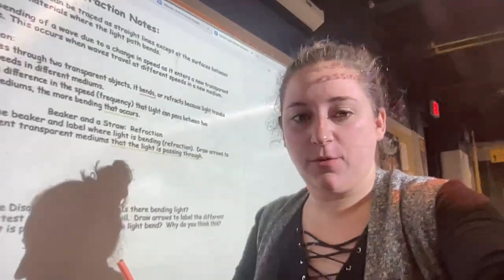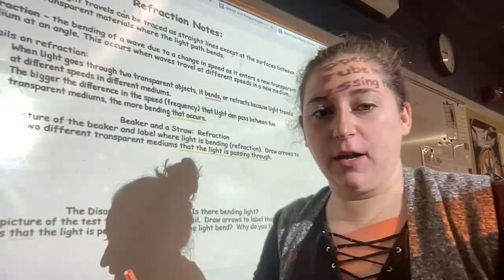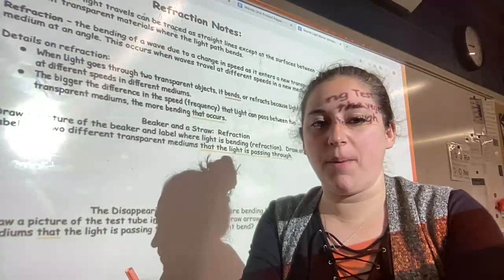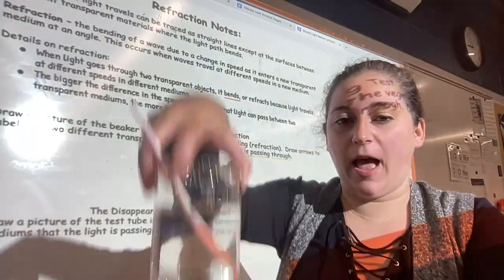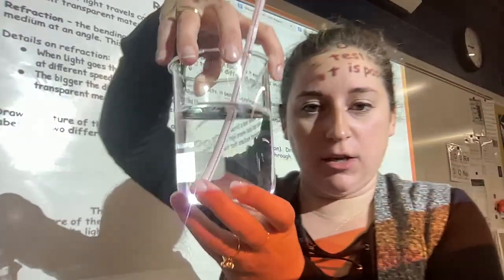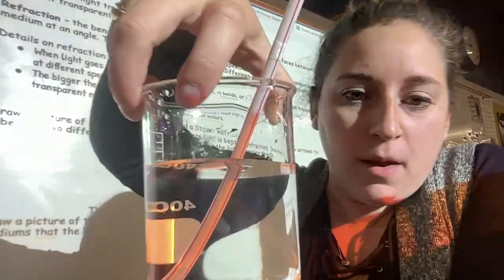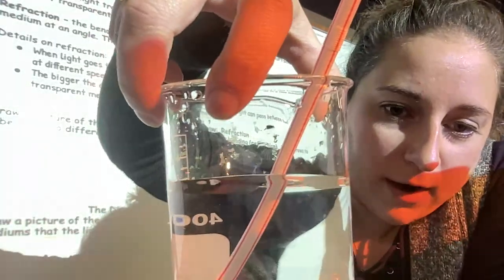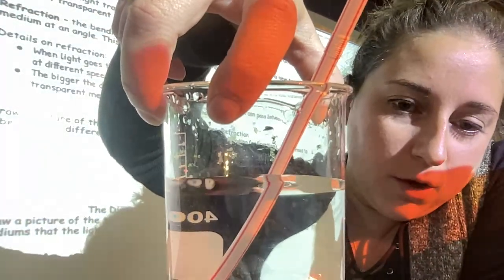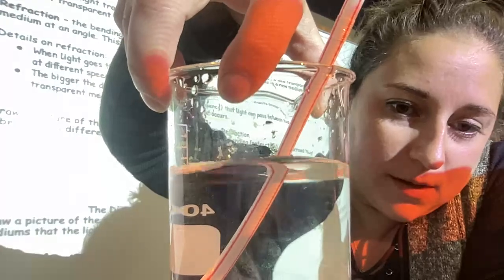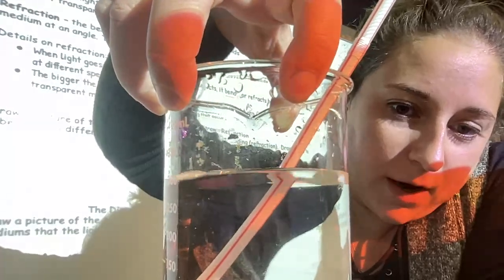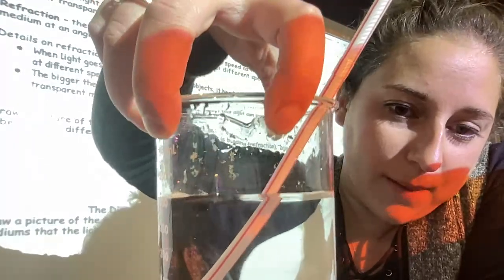Okay, so we're going to look at an example here. You've probably seen this before in your life. The beaker and the straw, or you might have done it with a pencil. You will be able to look at this in person too if you need to see it better. When you look at where the straw enters the water here, you can see that the straw looks bent. A lot of people say that it almost looks bigger. It looks like the straw is not matching up.